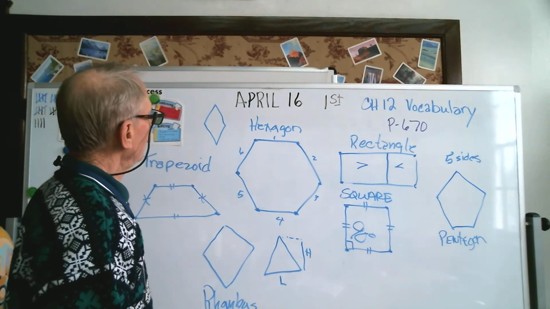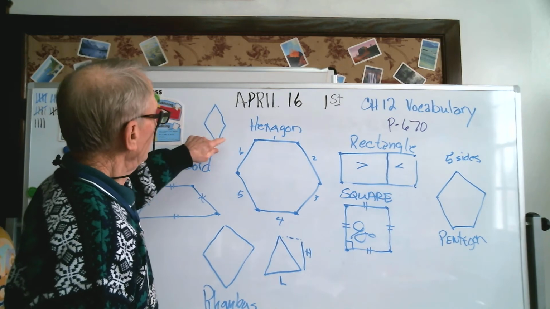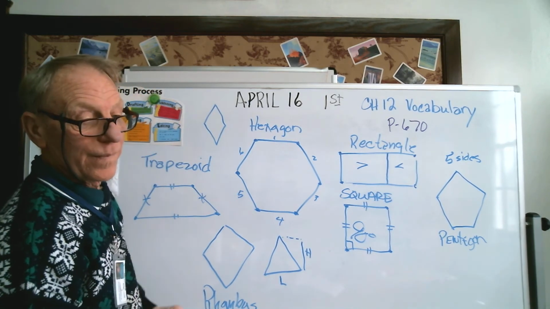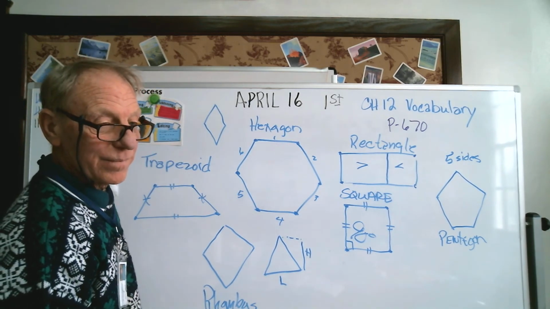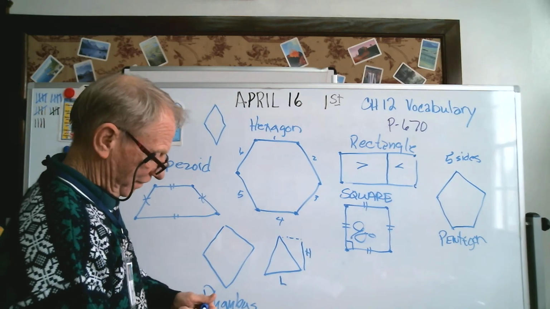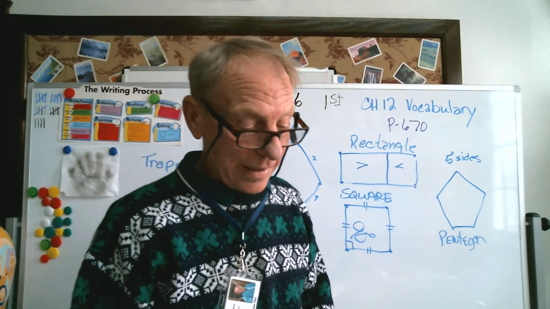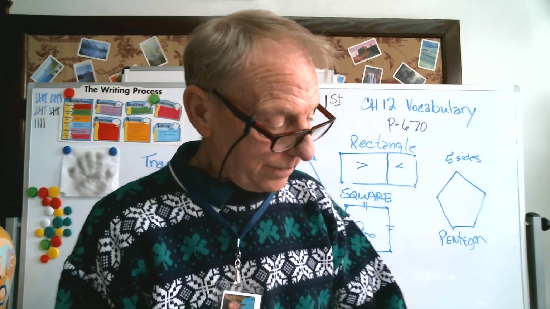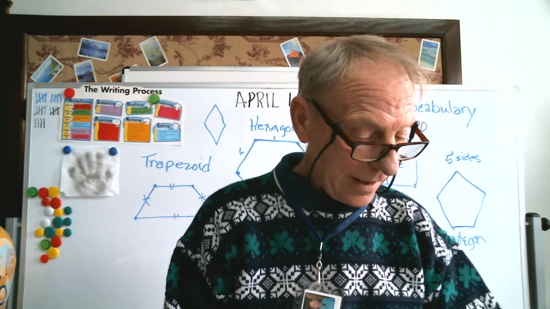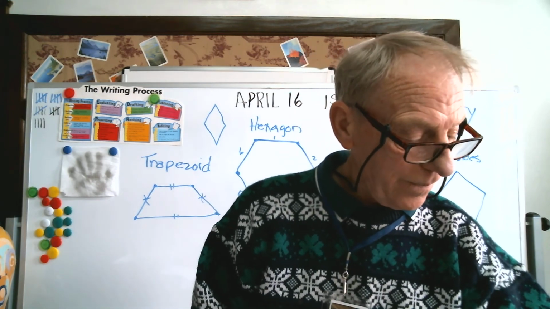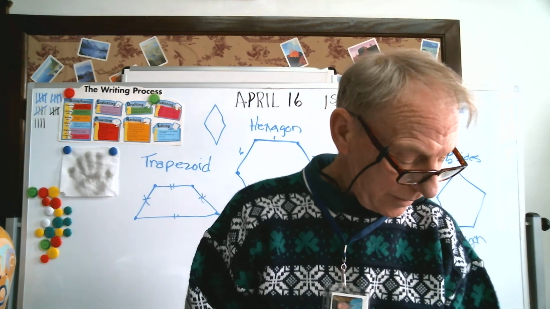But if the sides are equal in length, it's a rhombus. I didn't see those in your vocabulary list, and I'm kind of curious that they threw them into the lesson here as far as sorting out the shapes.